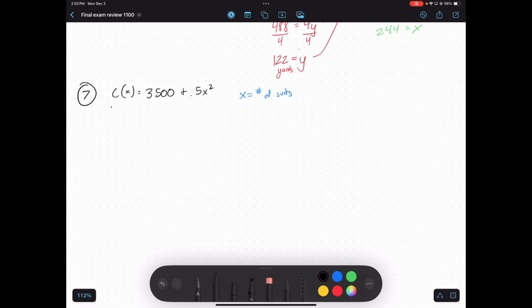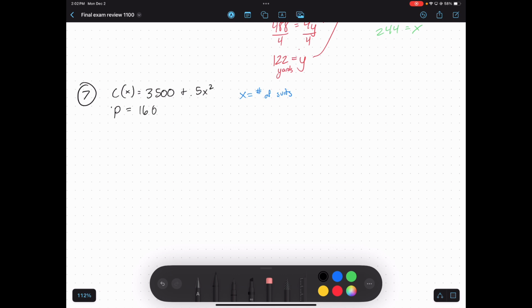So anyway, I guess since I pulled it up, I can look at this problem. So question number 7. Okay, so it gives you a cost equation, and then it also gives you a demand equation.